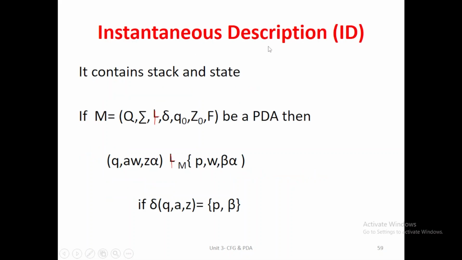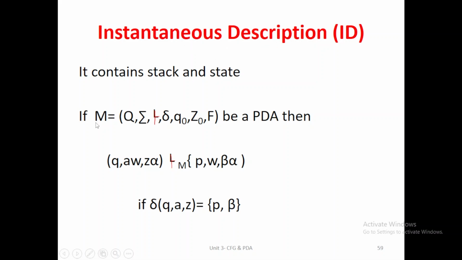Instantaneous description means, if you want to check whether a string is accepted by the push-down automata, we should use these notations as the second parameter value in the push-down automata, and we should check whether the output state is reached or not. This sequential formation of step-by-step actions is called an instantaneous description.